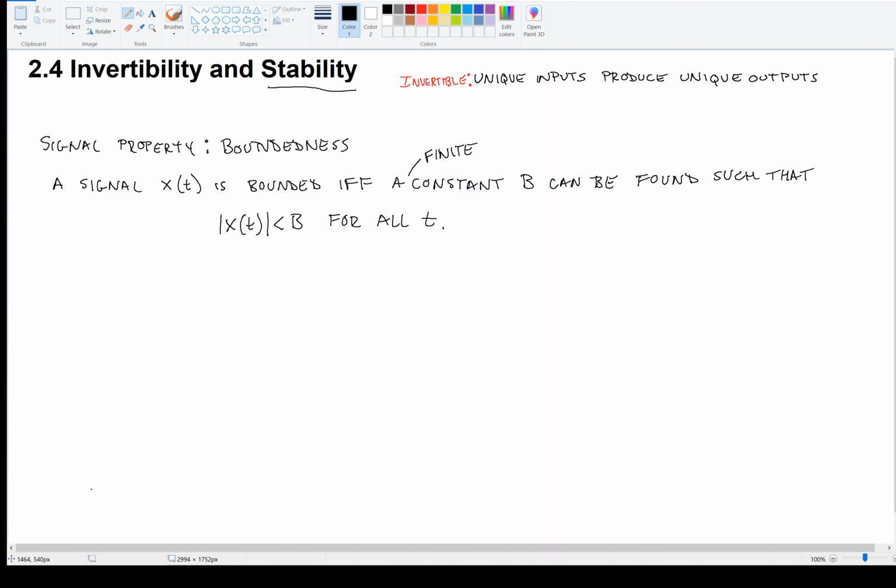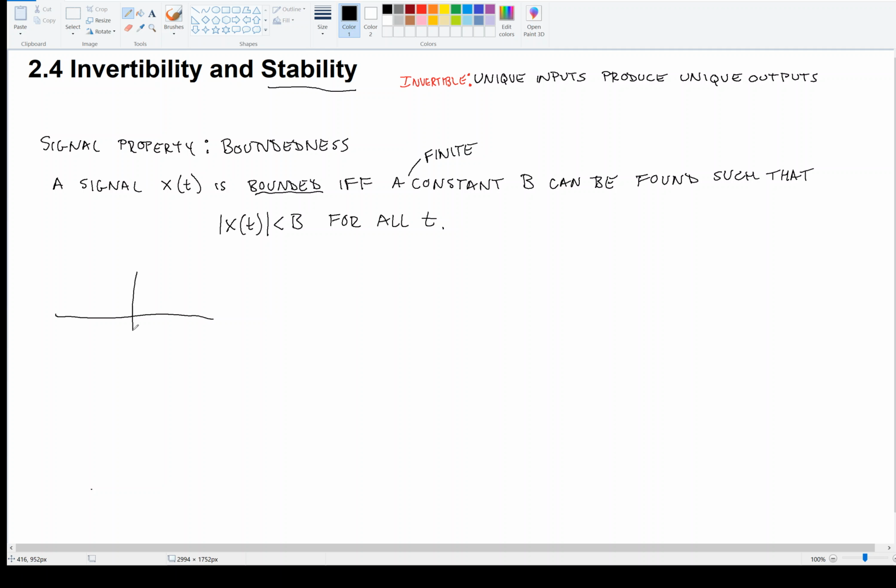Okay, so we're not there yet at stability. We're still working on it, but this is step one of figuring out what boundedness means. So a signal is bounded if a finite constant b can be found such that the absolute value of x is less than b for all time. So let's understand what that means.